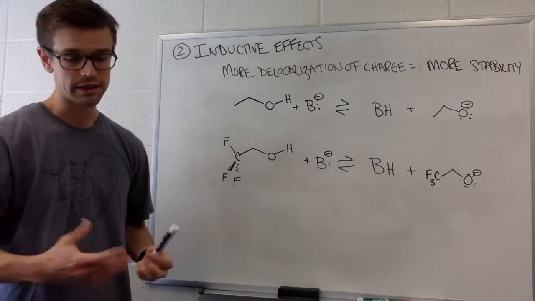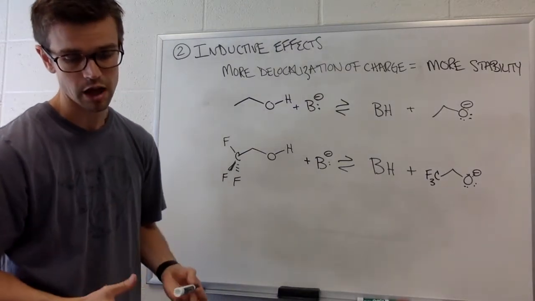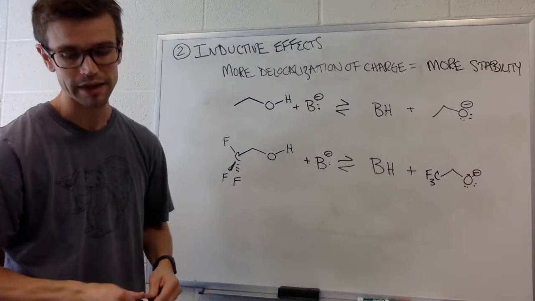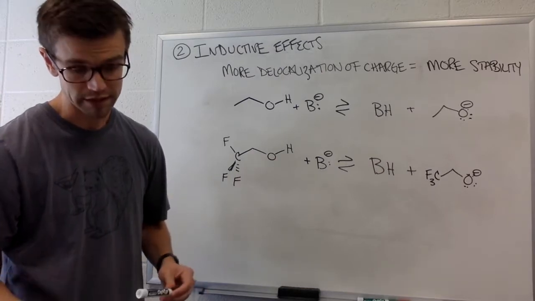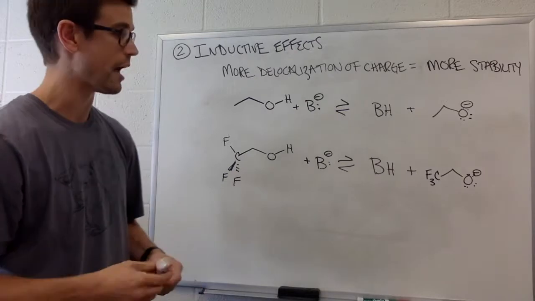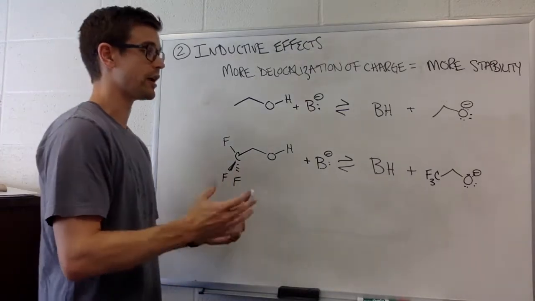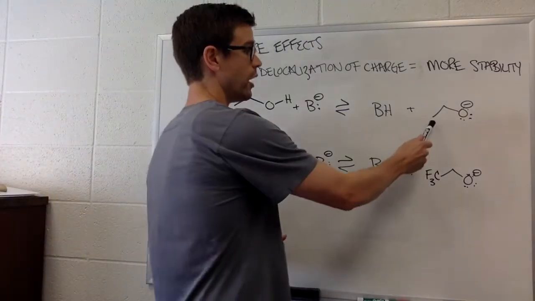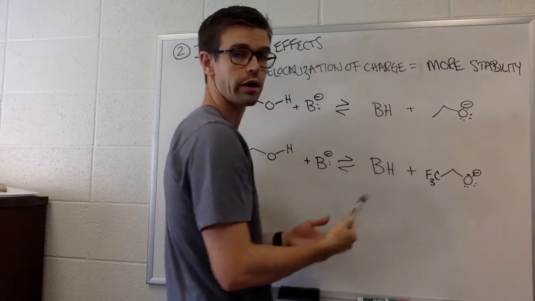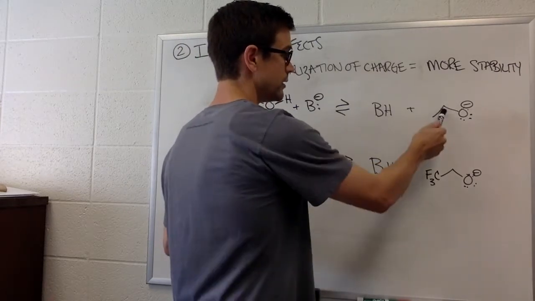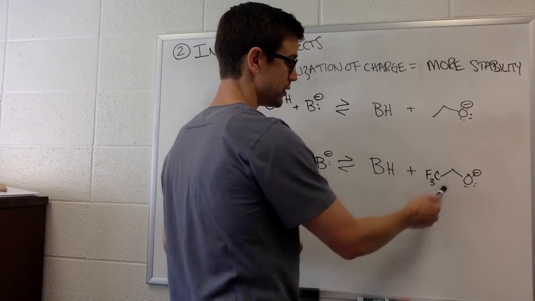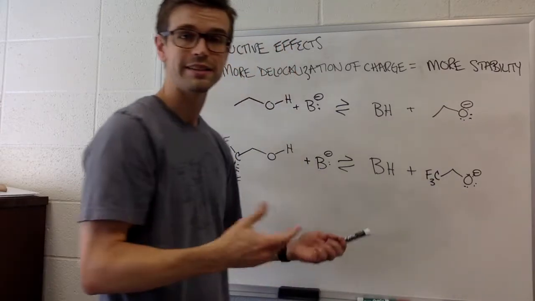And what induction is, again, is the pull of electron density through sigma bonds caused by electronegativity differences between atoms. So where do we have electronegativity differences? CH3, there's no electronegativity difference. CH2, nothing. CH2, CF3, that's different.